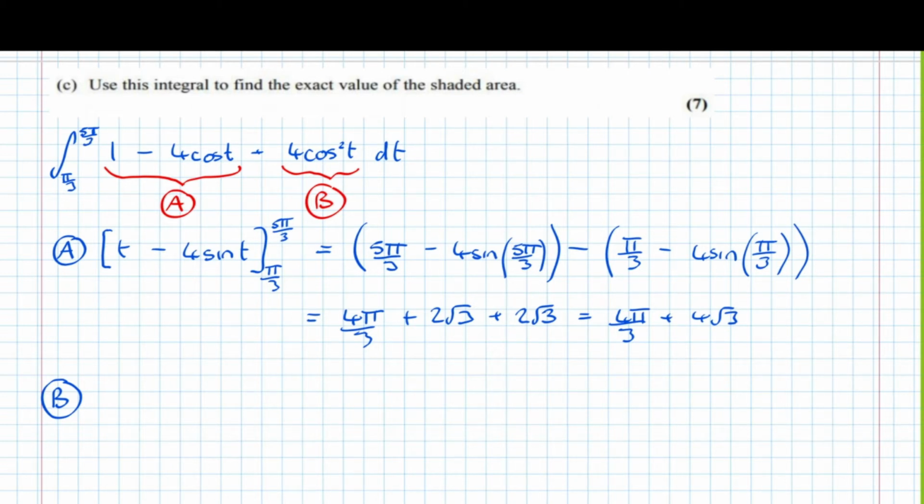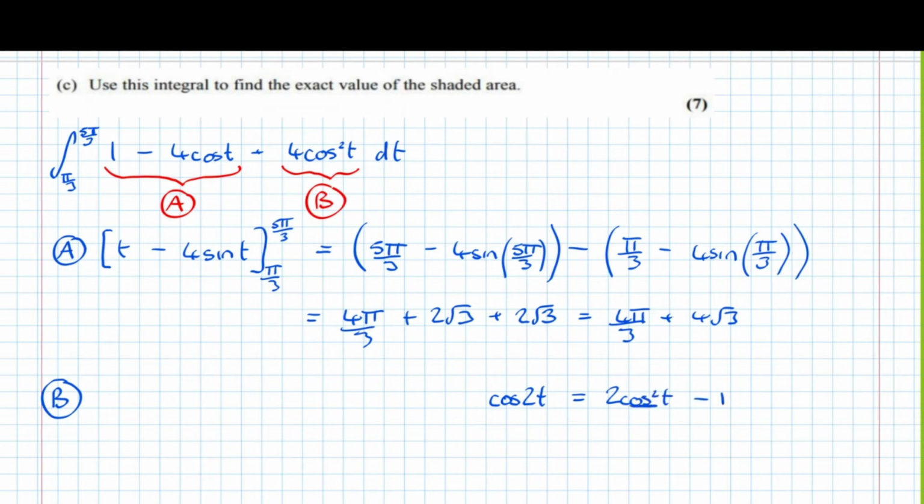What we're going to do is we're going to expand cos of 2t completely in terms of cos t equals 2 cos squared t minus 1.